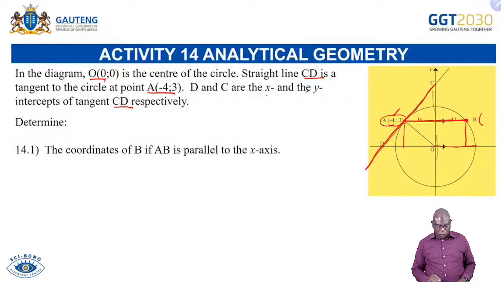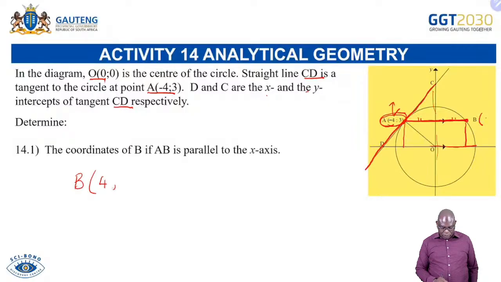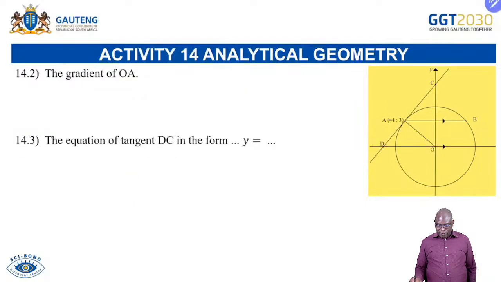So the coordinate of this point here, B, will be the same coordinate there. We just change the sign of the x. The x should be positive. Y will still remain positive, so it will be 4 and 3. Right. The gradient of OA, remember as I said, is a simple thing. Gradient is change in y over change in x.